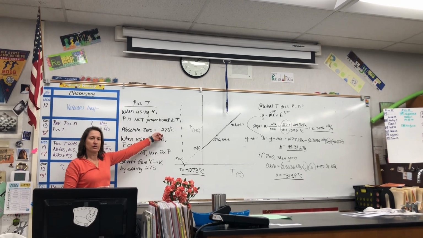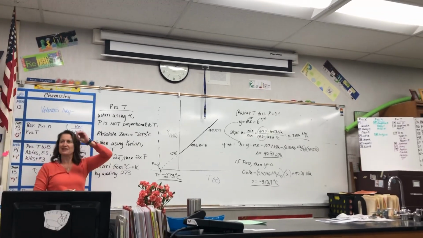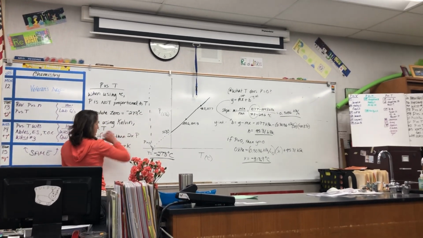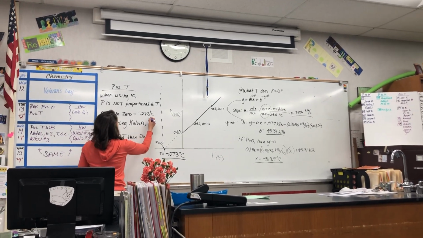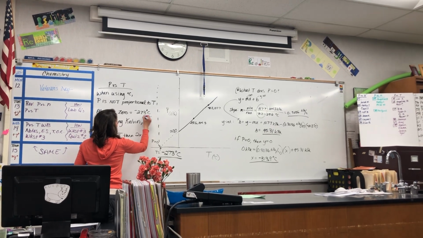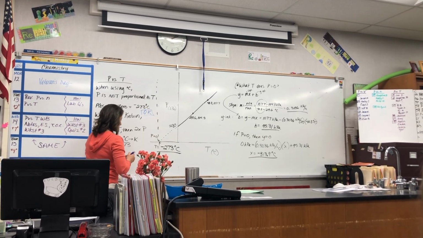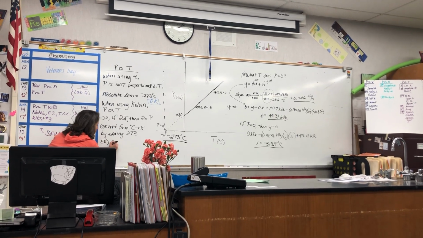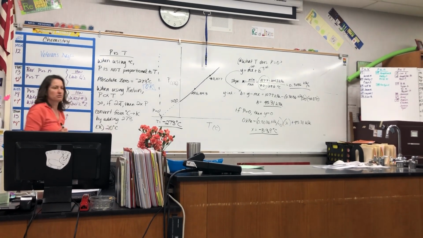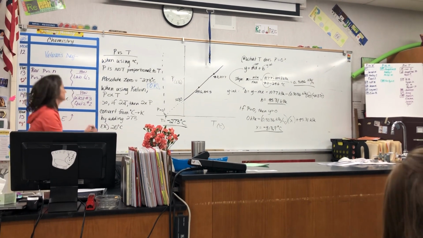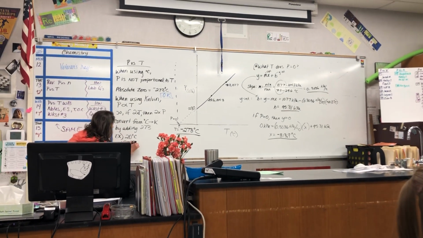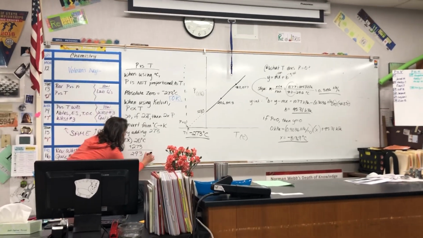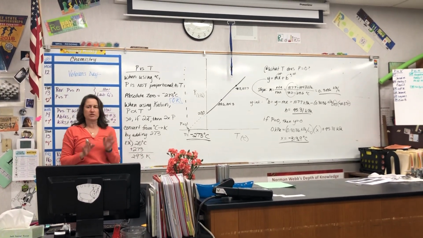So if we add 273, what are we at? Zero. Okay. So instead of saying negative 273 Celsius, we would say 0 Kelvin. Okay. So for example, if you have 20 degrees Celsius, add 273 to it, and you get 293 Kelvin. There's no degree symbol, it's just K.